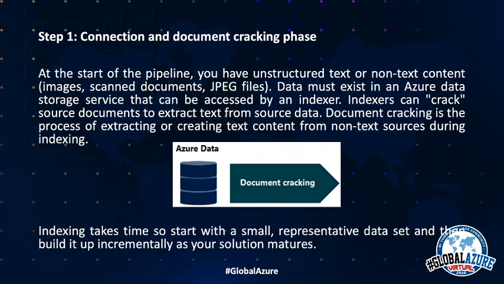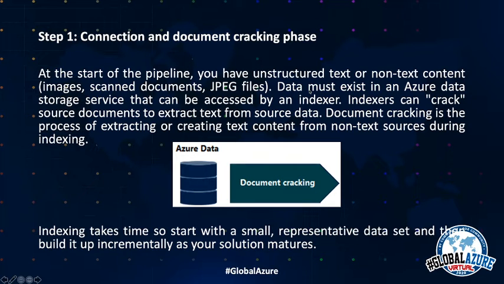Okay, so now let's go to the steps, and we will actually do it step by step, but let me explain. The first part is very simple. You just need to connect to your storage so the document cracking phase can start. Of course, you have your unstructured data.